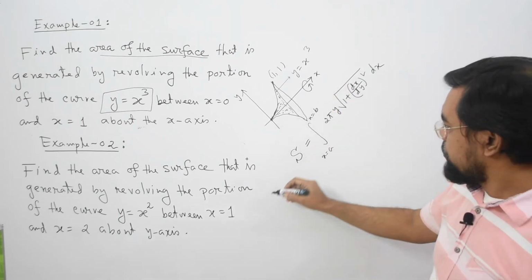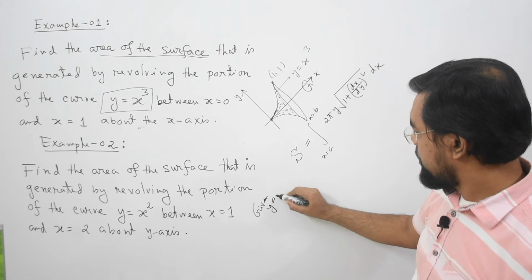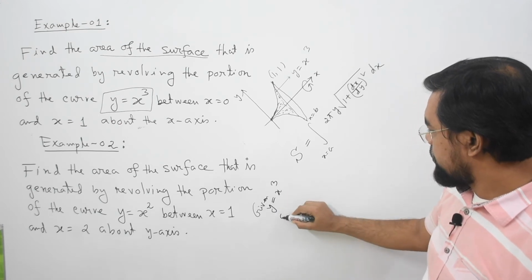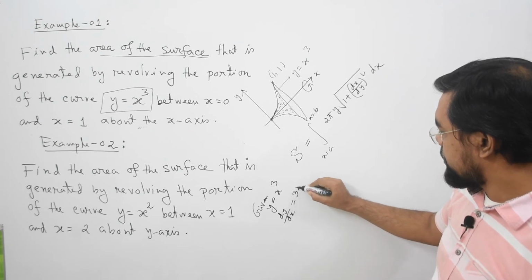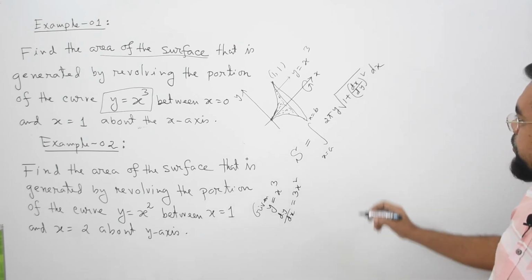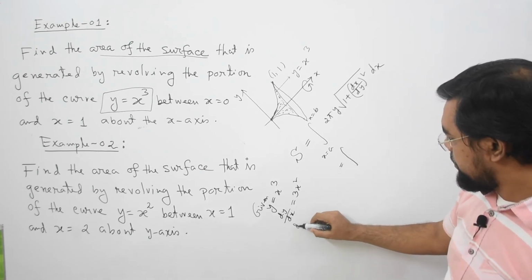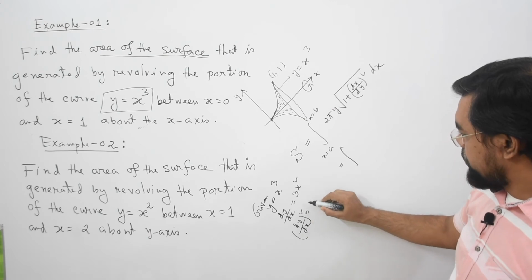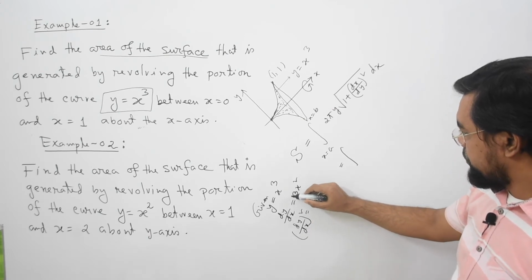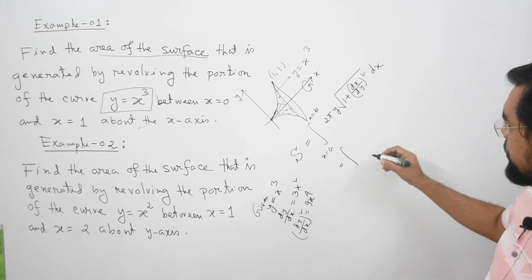So now here we are given the curve y equal x cube. So dy/dx, our first derivative, is 3x square. We can put it here, and the square of this derivative is 9x to the power 4.